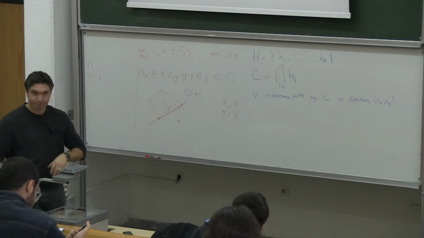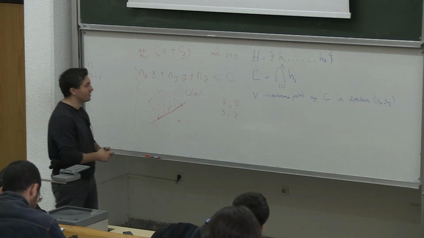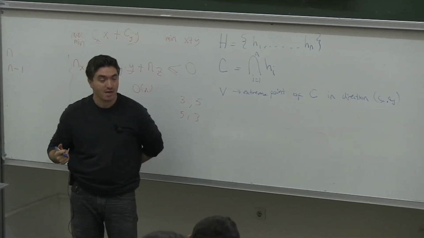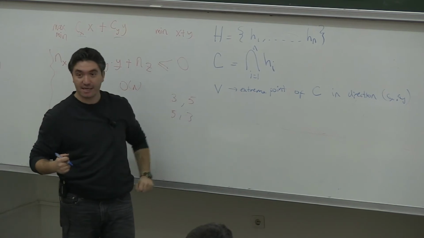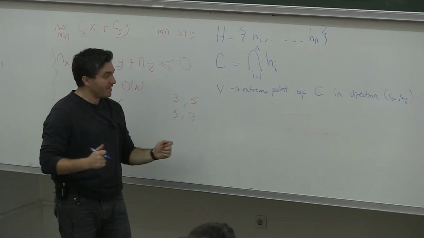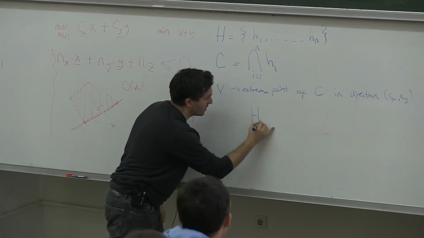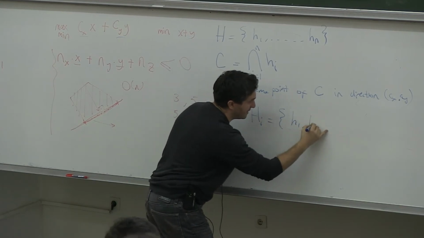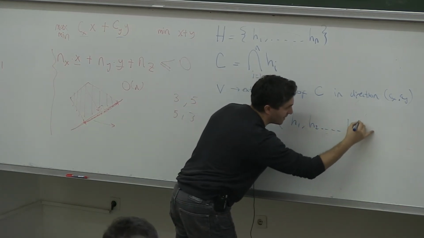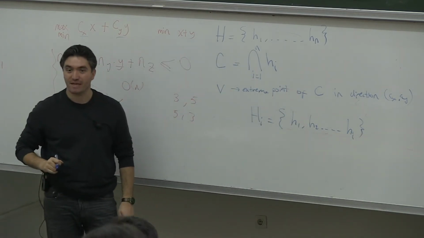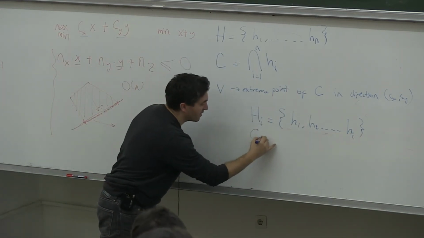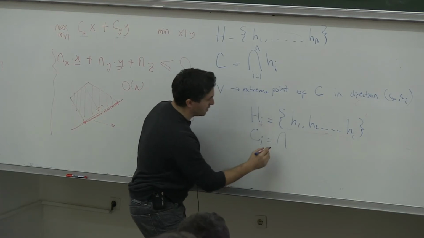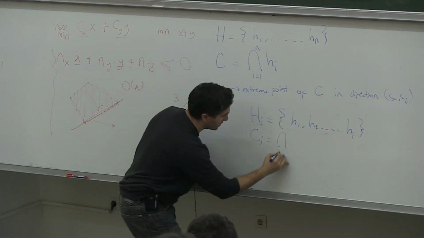Now I'm going to add new variables here. Since I have an incremental algorithm, I'm going to find this final H and C incrementally. At an intermediate step, Hi is going to be the set of half planes up to half plane i, and Ci is going to be the current convex region that is the intersection of hj for j equal to 1 to i.